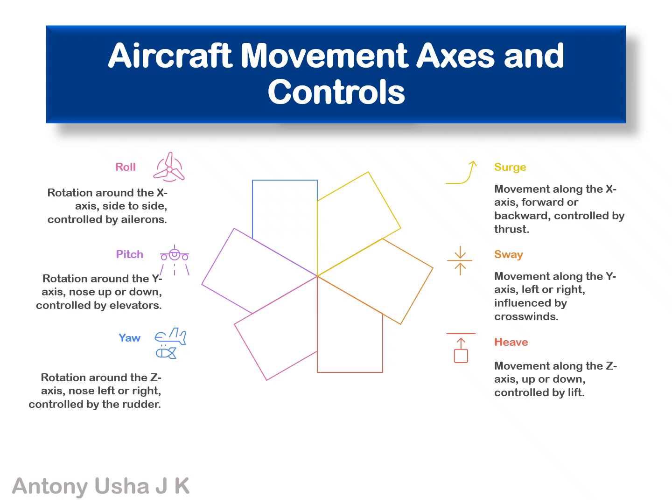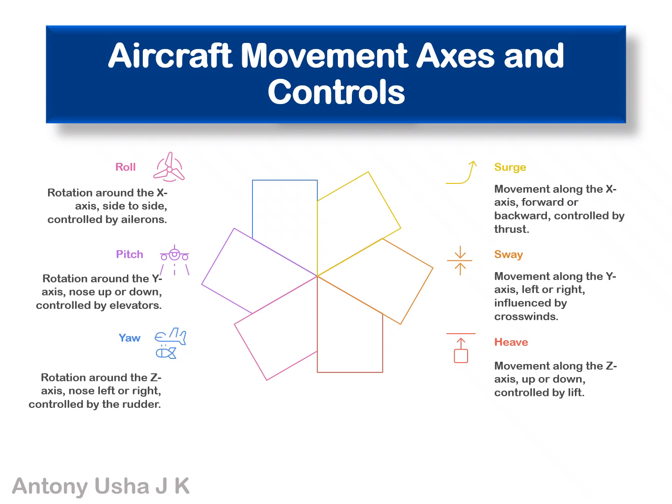Yaw is based on the z-axis, rotation about the z-axis, nose left or right, controlled by the rudder, whereas in translational motion we refer to heave, the z-axis, up and down, controlled by lift.